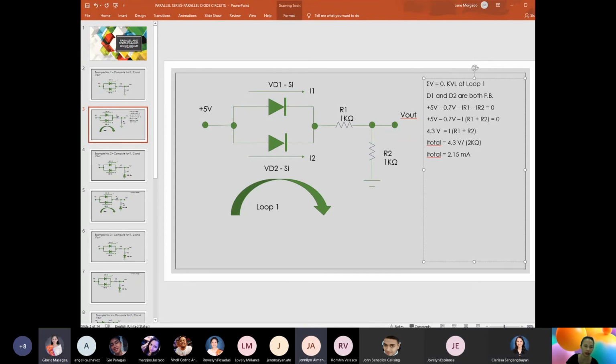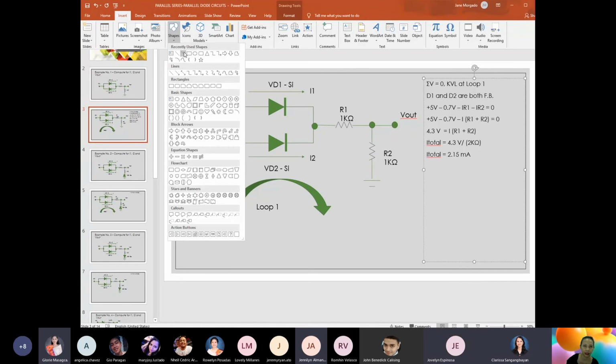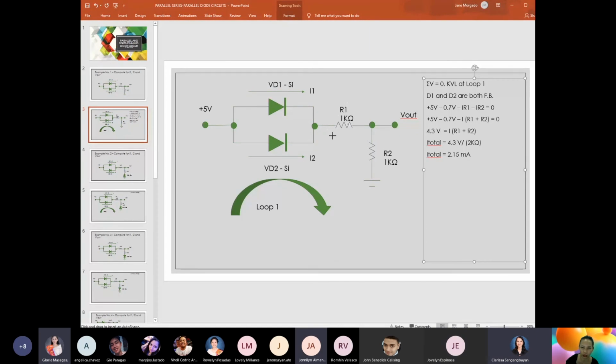Scientific notation, engineering notation, yan. You have to review. Okay, so our I total is 2.15 milliamperes. Tama yung I total na yun.